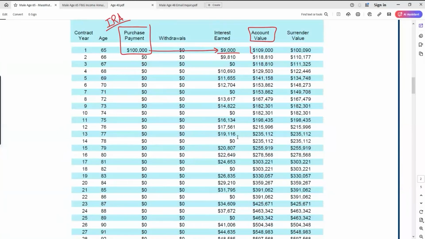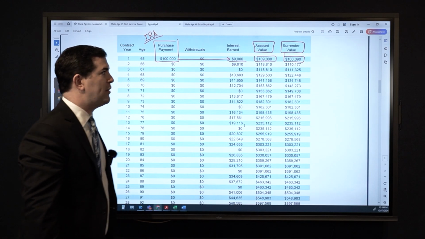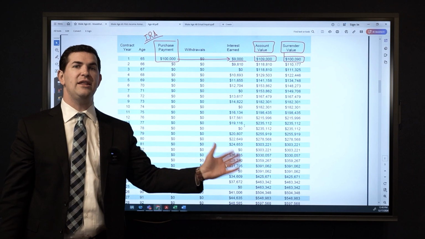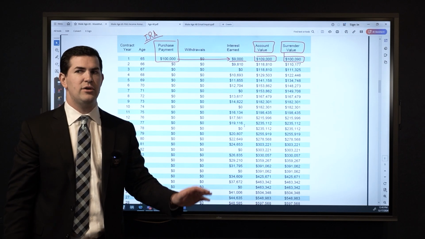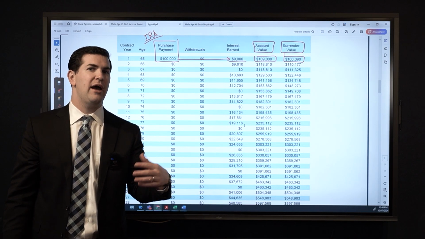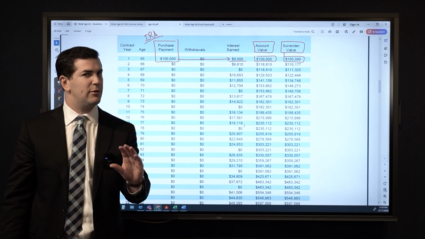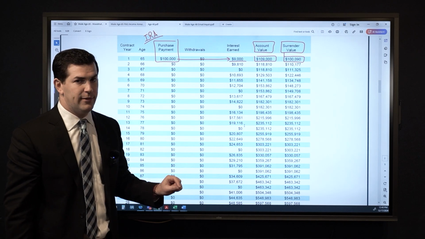His account value is now worth $109,000. But then we see the surrender value, just over $100,000. The surrender value represents what the insurance company would give him if he cashed the product out after the first year, after they assess their fees. We're going to show exactly what those fees are in a moment.